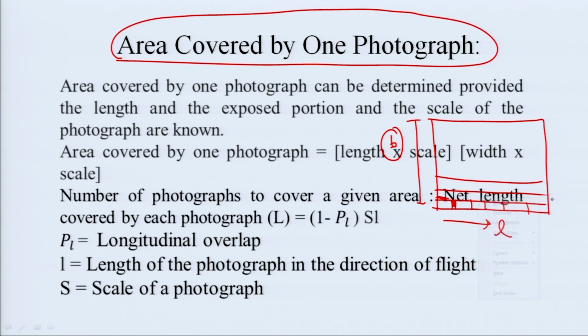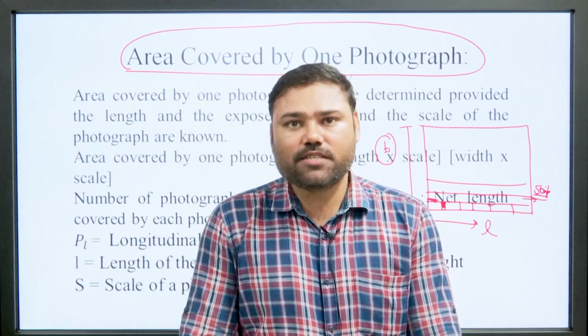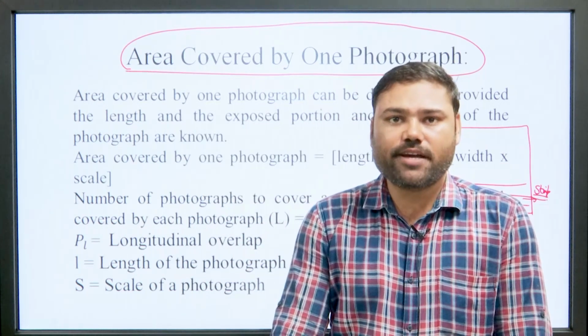So first we have to calculate the number of strips, and by calculating the number of strips in the different directions and multiplying them, we can obtain the number of photographs. We will discuss this topic in our next lecture. Thank you.